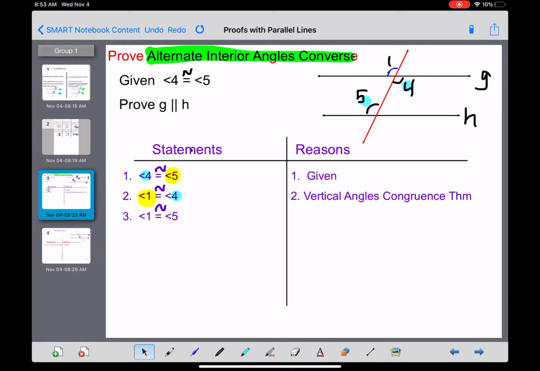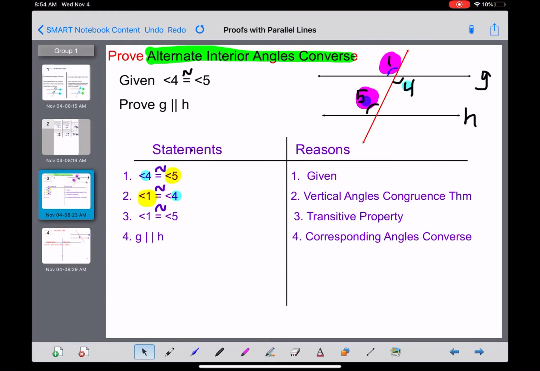So we can state that angle 1 is congruent to angle 5. That is our transitive property. We've now shown that 1 is congruent to 5. If you notice, that is in the top left-hand location of each line. Therefore, we can conclude that G is parallel to H, and that is our corresponding angles converse.